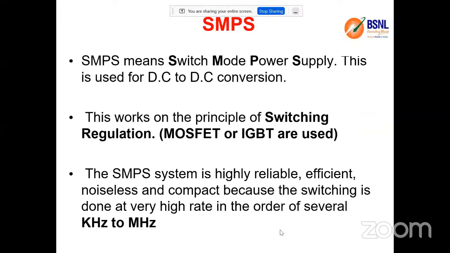By having high-speed switching, which gives higher control efficiency, we are able to get the conversion of AC to DC, and we get all these benefits like high efficiency, reliability, noiselessness, and compactness. As an industry-friendly solution, space and cost are the more attractive parts of the SMPS.